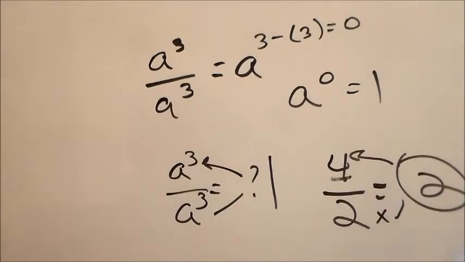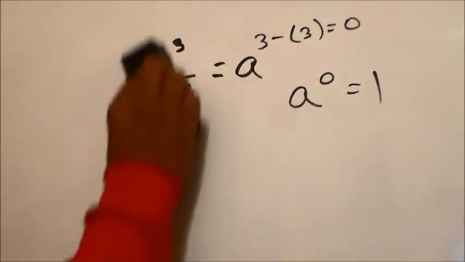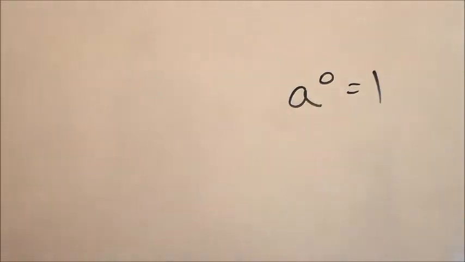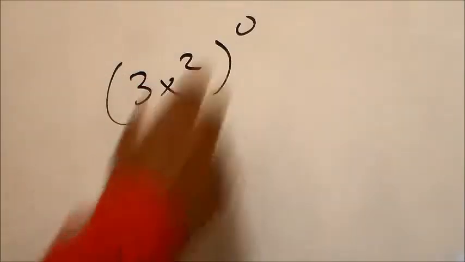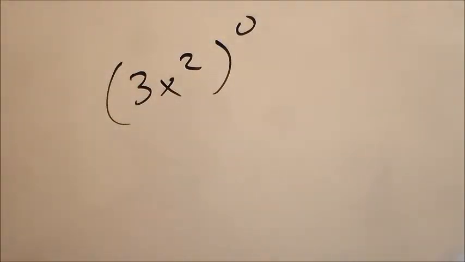So the 0 power rule of exponents is basically this by itself. A raised to the 0 power is going to be equal to 1. Alright, if we took something and put it in parentheses, and we'll just say 3x squared, and we raise that to the 0 power, that's easy as pie.